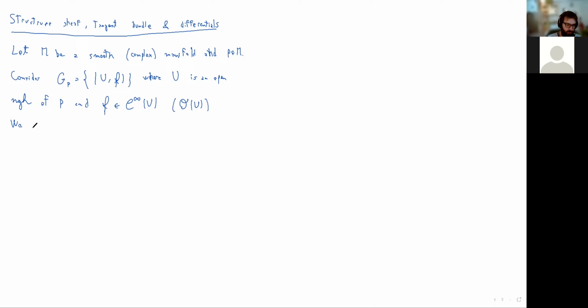And now we define an equivalence relation on G_P by saying that the pair (U, f) is equivalent to the pair (V, g) if and only if there exists some other open neighborhood W of P, contained in U intersected V, such that if you restrict f and g to this W, you get the same function.